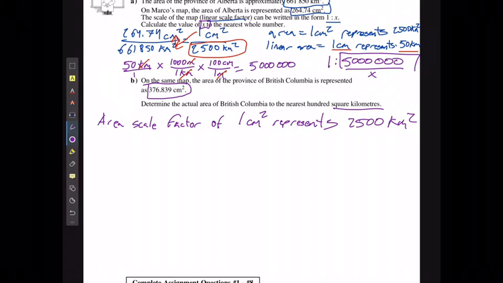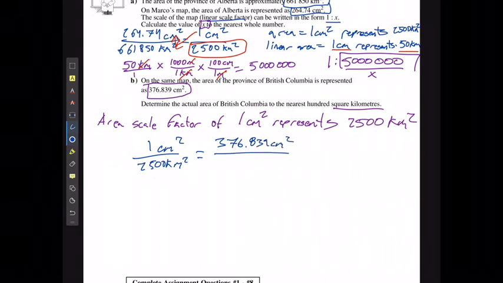So I can use that cross multiply again and state that if I have 1 centimeter squared over 2,500 kilometers squared, that's going to be 376.839 centimeters squared over x kilometers squared. And I'm just going to cross multiply again.